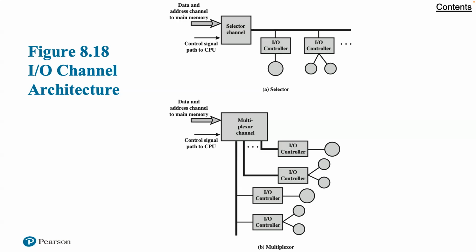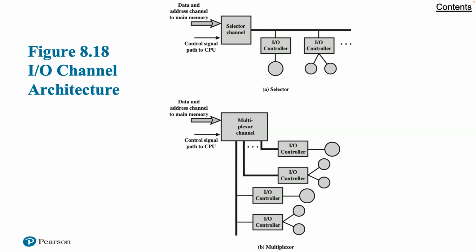First, a selector channel controls multiple high-speed devices and at any one time is dedicated to the transfer of data with one of those devices. Thus, an I/O channel selects one device and effects the data transfer.